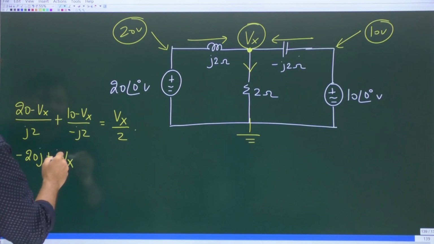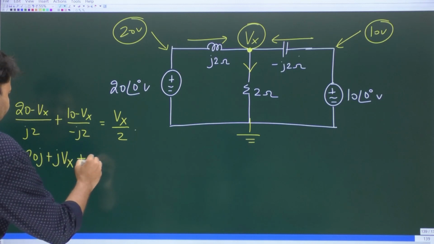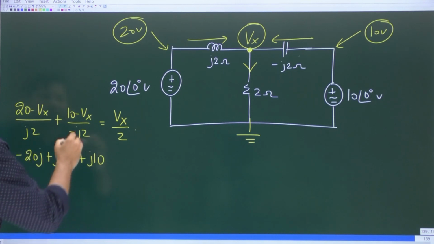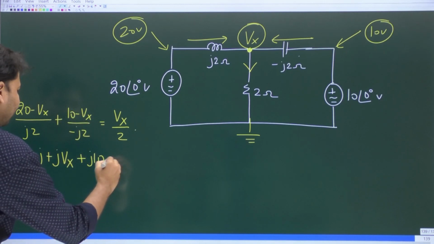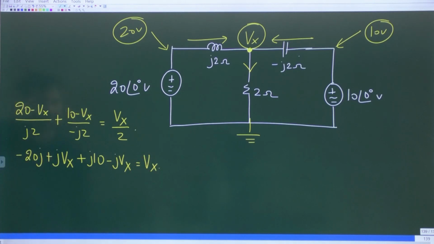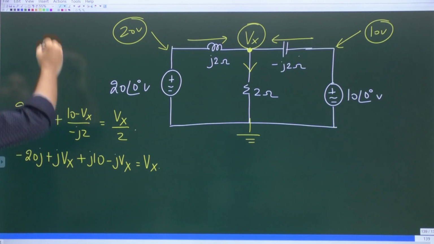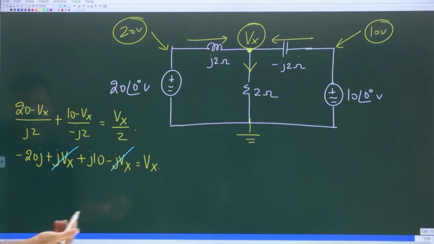Again 10 by minus j would be j10. Yes, plus j10. Again minus and minus will get cancelled. 1 by j again is minus j, so minus j Vx is equal to Vx. That's all. I think here this jVx and minus jVx are getting cancelled.